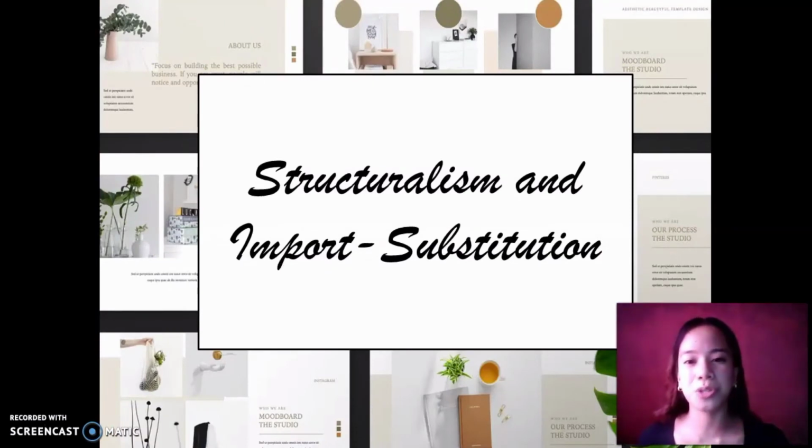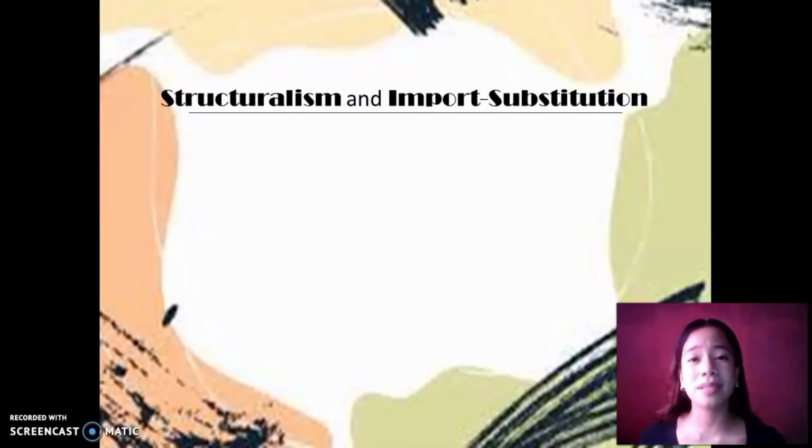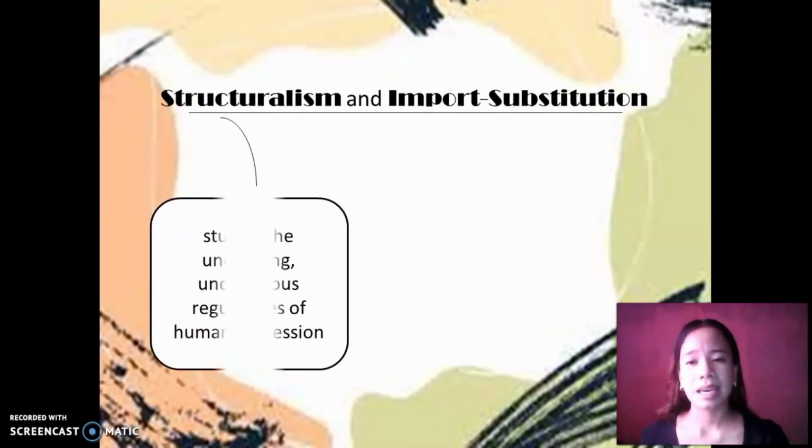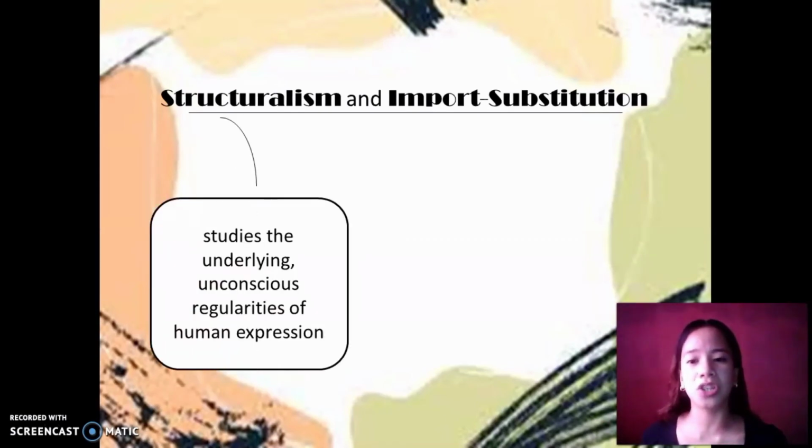So let us now go to structuralism and import substitution. So when we say structuralism, it studies the underlying unconscious regularities of human expression. Actually, this focuses mainly on the structures or the culture of the people.